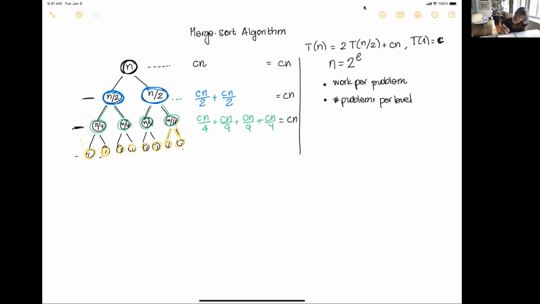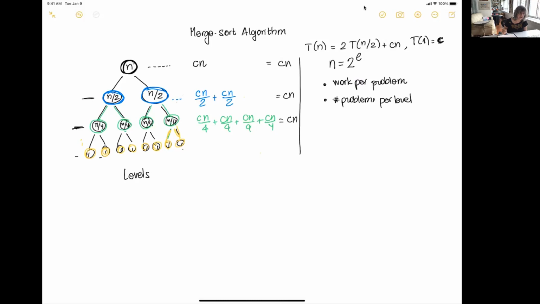So how do we label, how do we number the different levels? It is important to realize that the levels are going to be with half the size each time, and we're going to have, in this case, 2 problems per size.